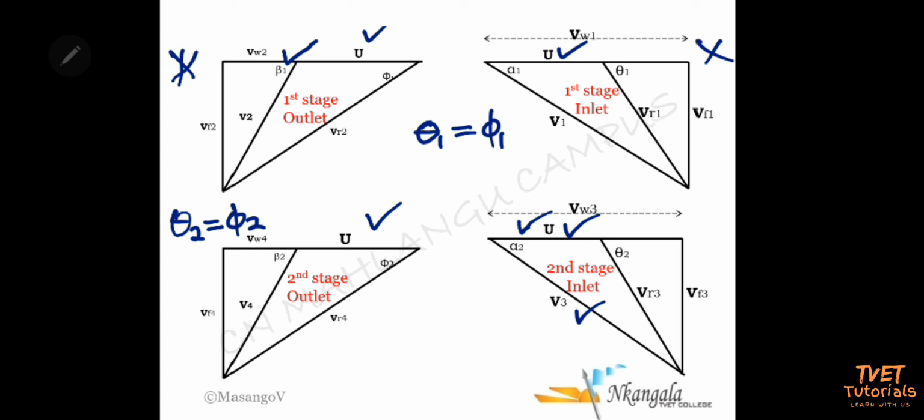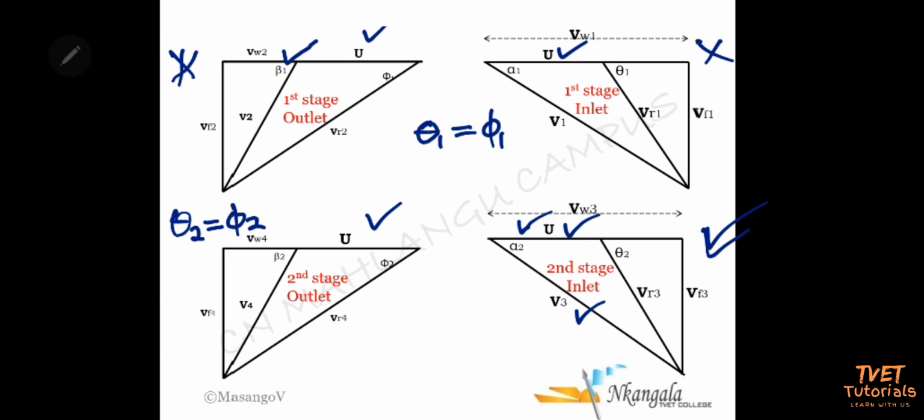Then at the inlet of the second stage, we have U, alpha 2 and V3, so that is enough. This is where we look to start, but we just double check. At the outlet of the second stage, we only have one value. So now we know where to start: the inlet of the second stage, and then we will move in sequence and complete the other triangles.